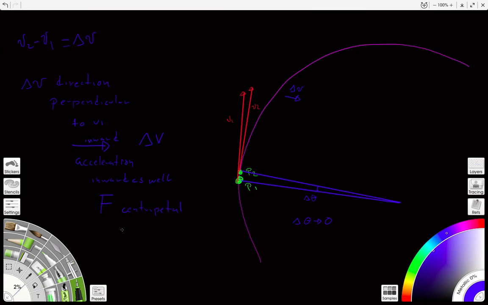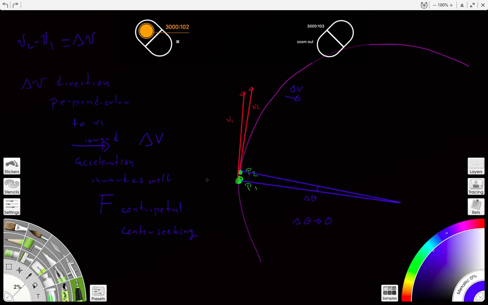I'm not sure if it's Latin or Greek, but this means center seeking. I'll explain later why you might feel that it goes outward. I'll put that in another video.